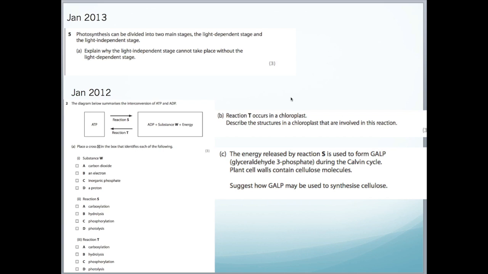So to B, reaction T occurs in a chloroplast. Describe the structures in chloroplasts that are involved in this reaction. So again, we have 3 marks. We have to make sure that we make at least 3 points. So first need to refer to the grana, which is where photosynthesis takes place. A granum is a stack of thylakoid membranes, and they are connected.